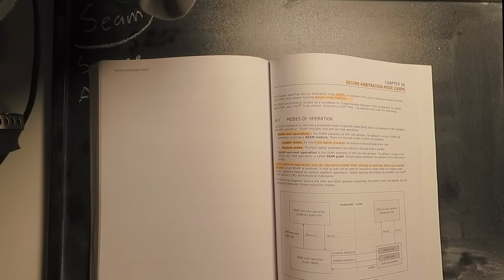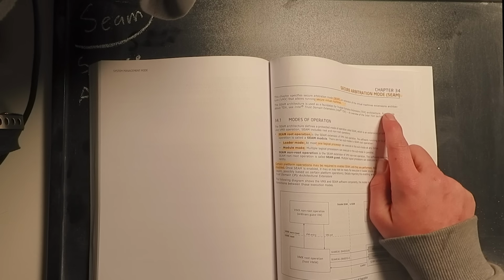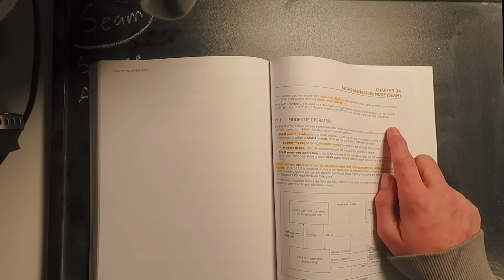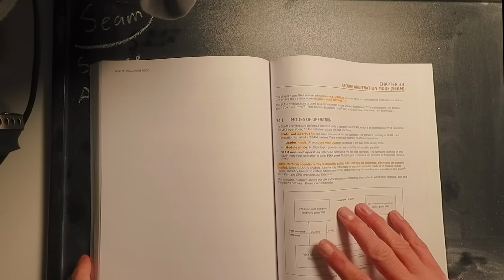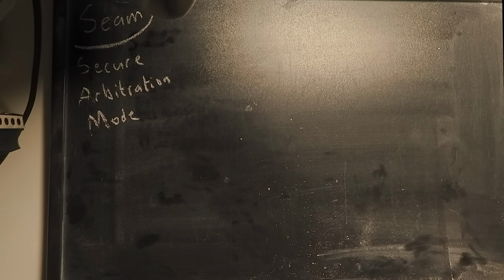You have probably heard about SMM, which I made a video about the other day. And you have probably heard about Intel IME, which is a small computer living inside of your computer. But have you heard about SEAM, which is the most scary of them all? So before we check the manual, I'm going to discuss this a little bit.